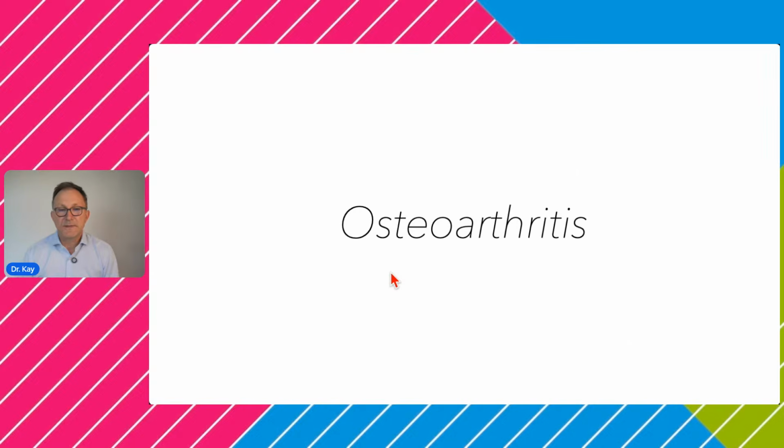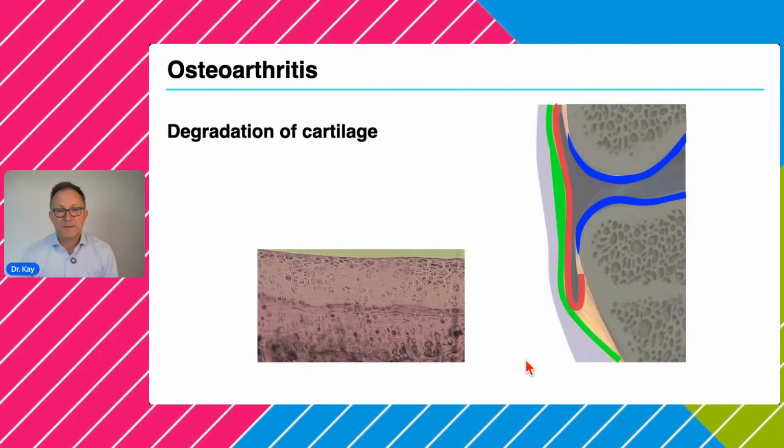So let's start with osteoarthritis. Osteoarthritis, of course, is a disease of the cartilage, seen here in blue, nice and smooth, and allowing the joint to function. This very regular architecture of the cartilage, the calcified cartilage over here, the uncalcified cartilage here, that's the surface of the cartilage.